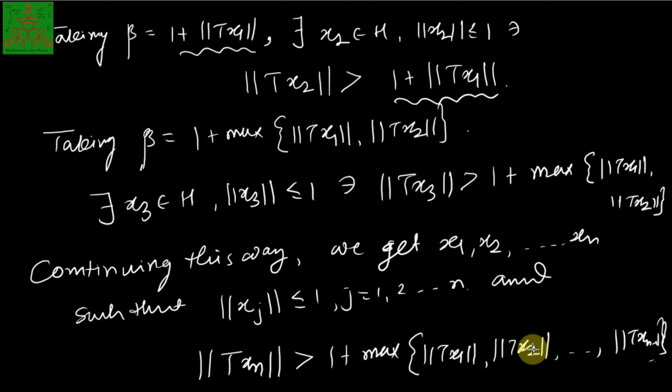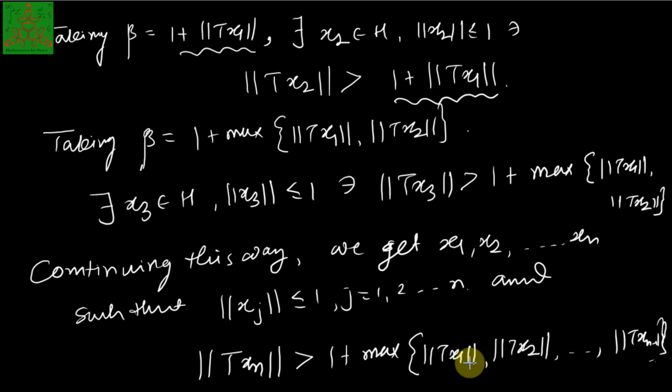Now this suggests that for any n less than m, norm of T xm is greater than 1 plus norm of T xn, because 1 plus this maximum is greater than 1 plus any of these values.